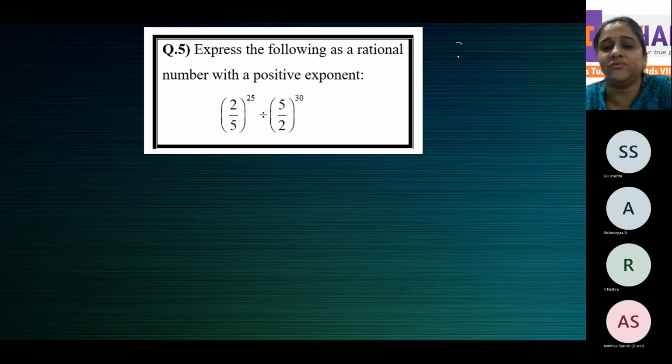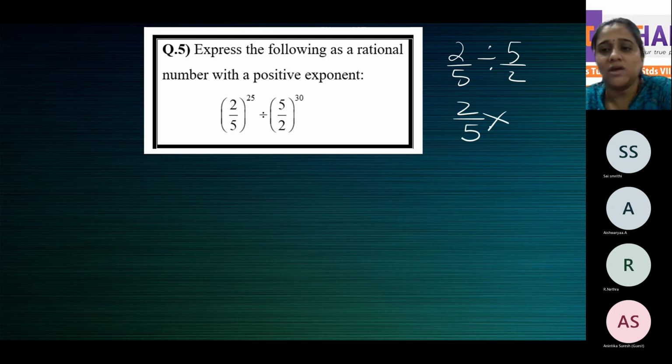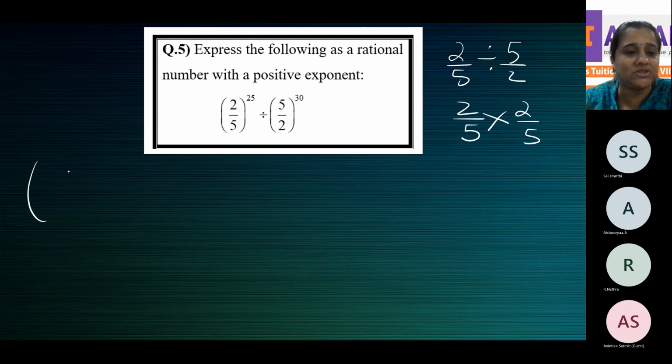Now we know this: when it is like this, you write the first fraction as it is, division becomes multiplication, and we take the reciprocal of 5 by 2, which is 2 by 5. Correct? We are using this one here. Now the question is 2 by 5 to the power 25 divided by 5 by 2 to the power 30.